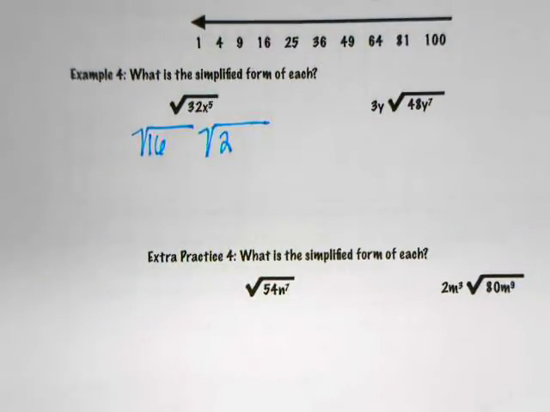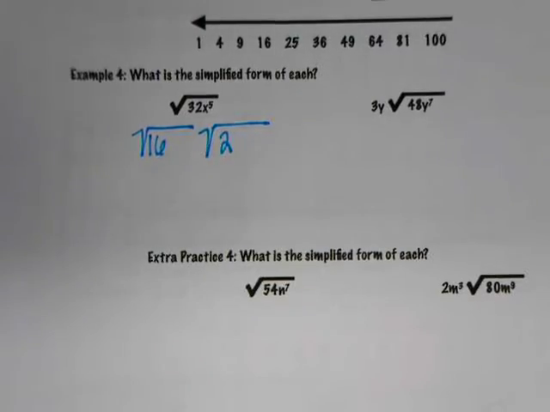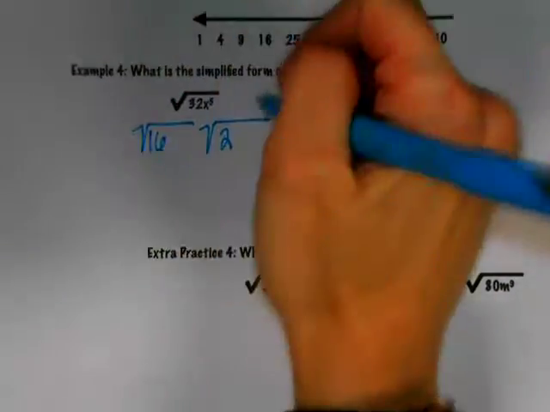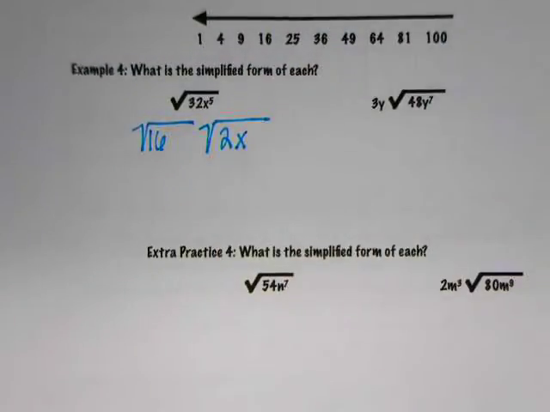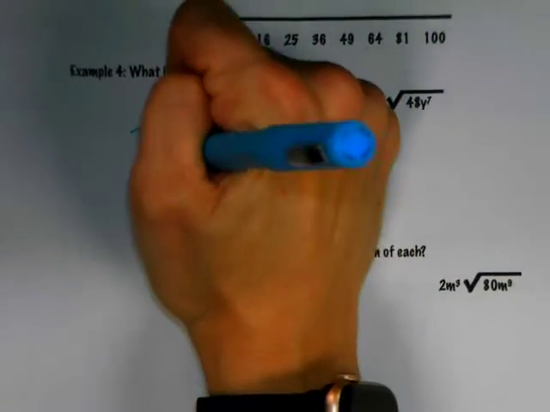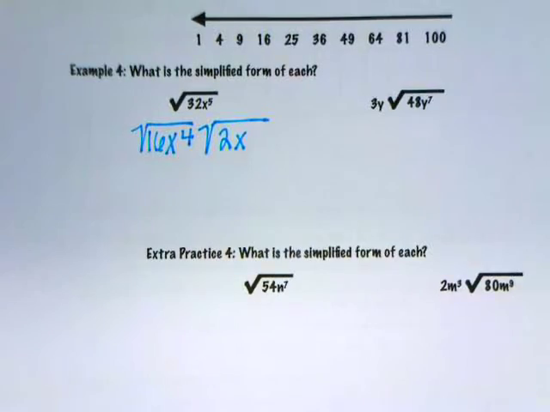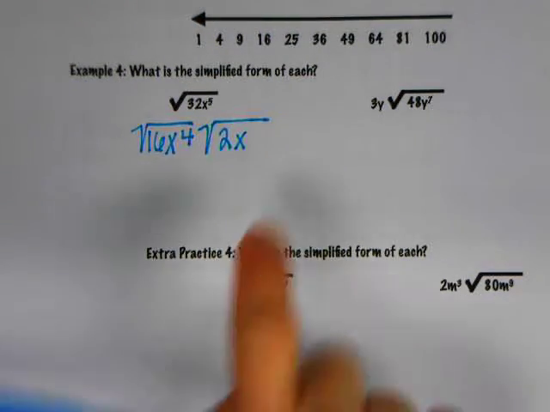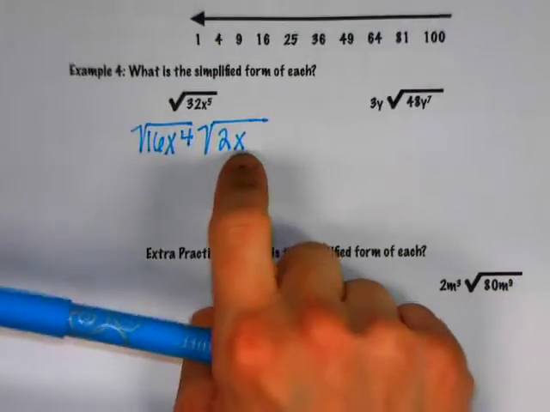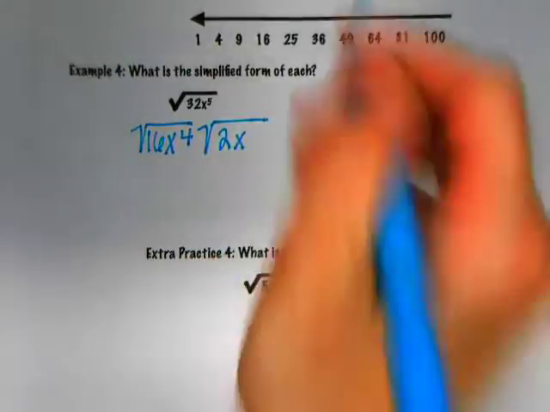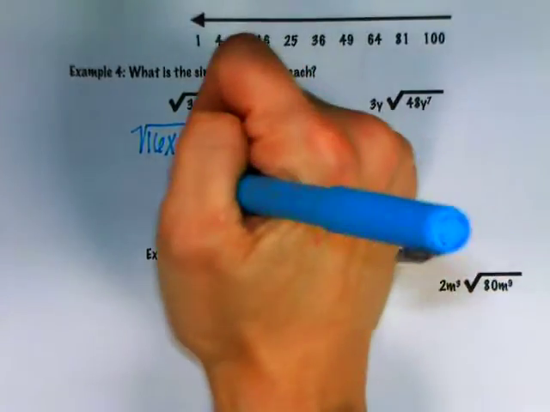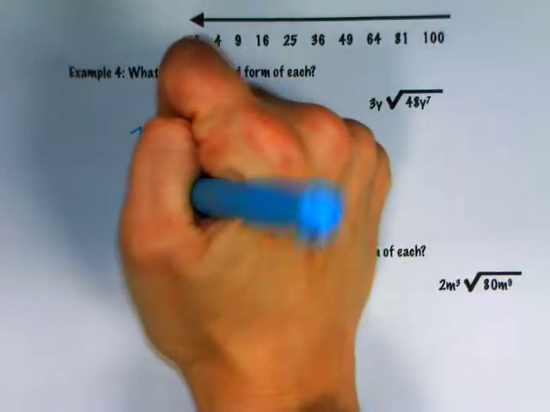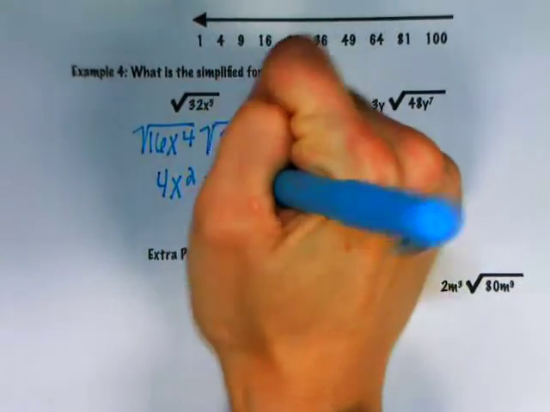And then for the variable, since it's 5 and you can't do groups of 2, you're going to put one of your x's in the second one, the extra x that you have, and then put 4 of them in this one. So if you have an odd exponent, you're always going to have a single variable in the second one, never more than that, okay? So then what's the square root of 16x to the 4th? 4x squared, and then your 2x.